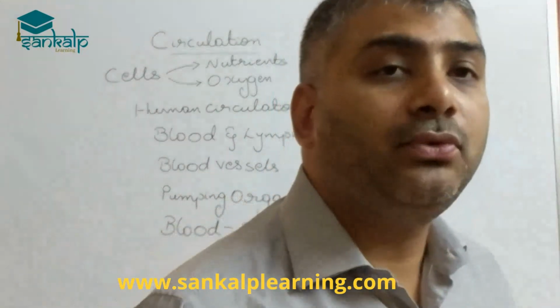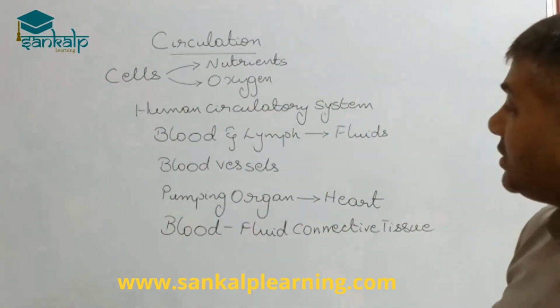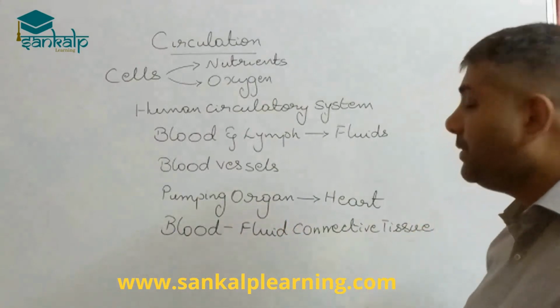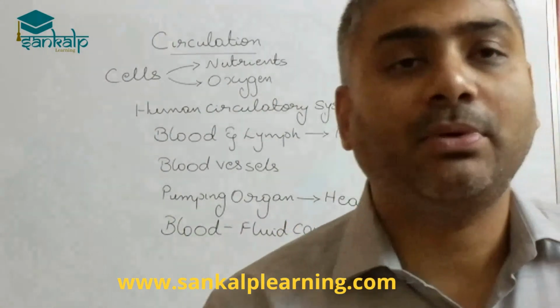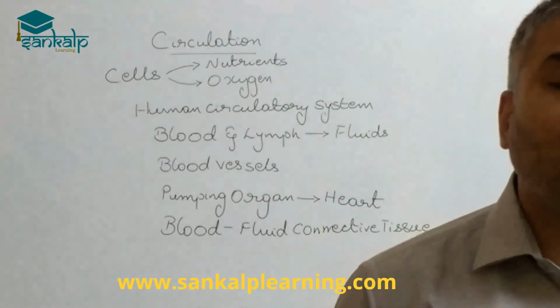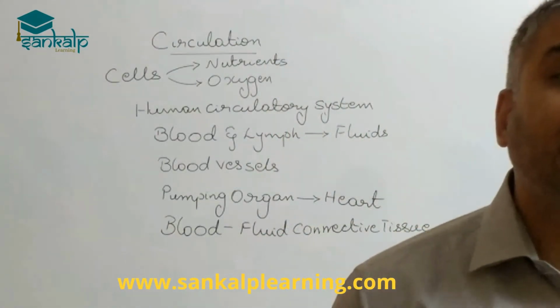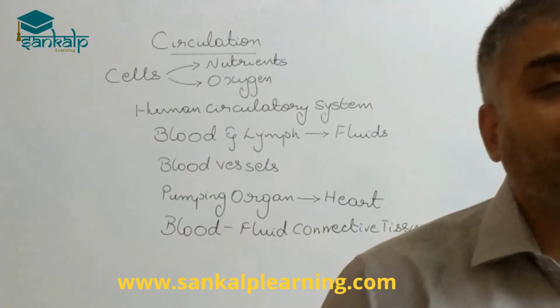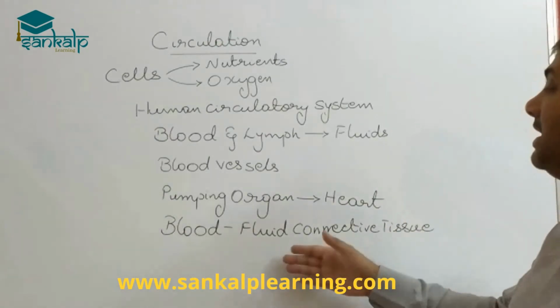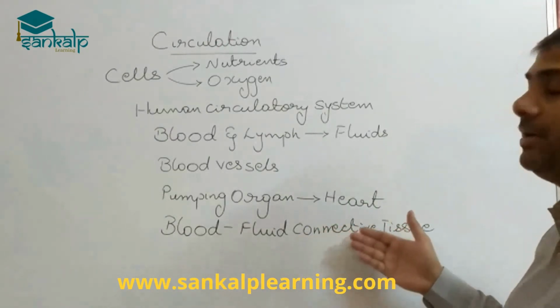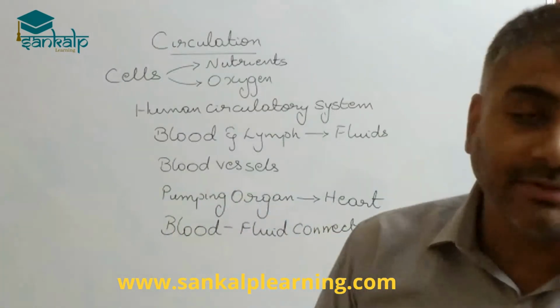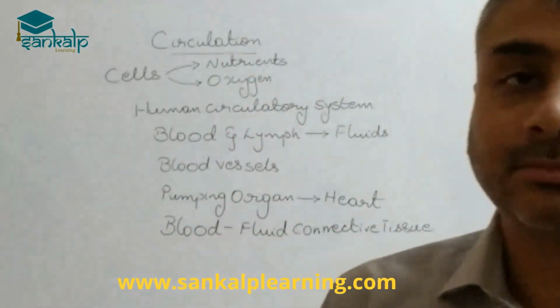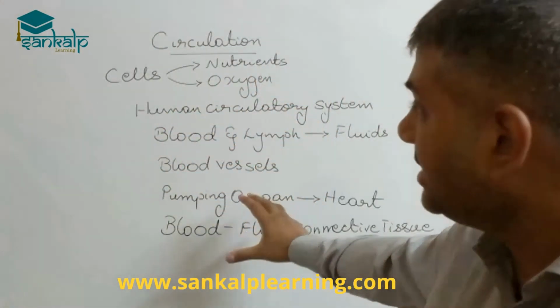So what is the meaning of fluid connective tissue? Blood is such a type of fluid which comes in contact with every other cell in the human body. That is the reason why we call this a fluid connective tissue. Hope this is clear to everyone. Any doubts till here, whatever we have discussed?